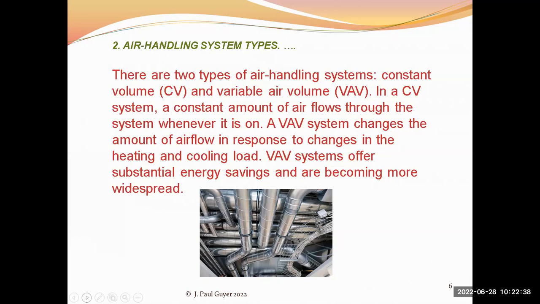But you have a control device or a mixing box, a control box, just before the air discharges into the occupied space. And there's a thermostat in that space that controls that VAV, variable air volume box.